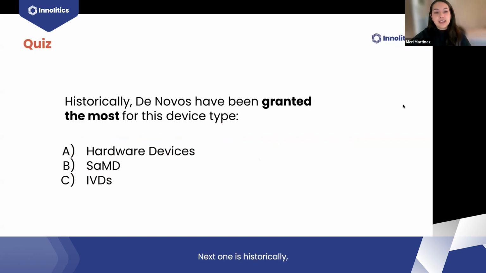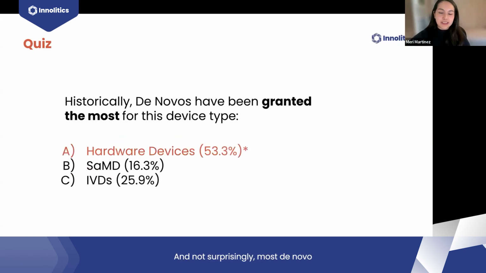Okay, next one is: historically, de novos have been granted the most for this type of device. Actually, for this one you don't have to react, I'll just give you time to think about it. This was in the article, and not surprisingly, most de novos so far have been hardware devices, since historically medical devices have been hardware.